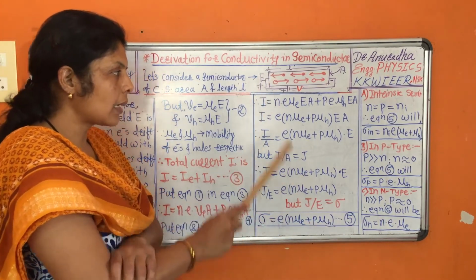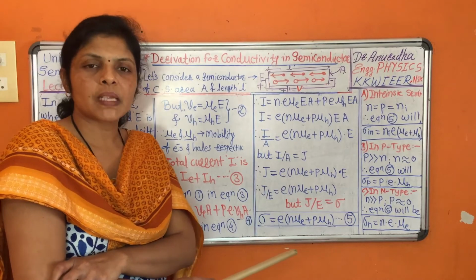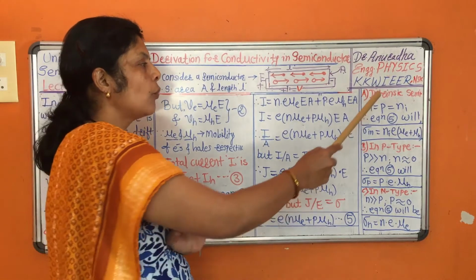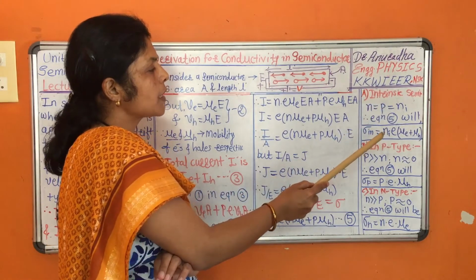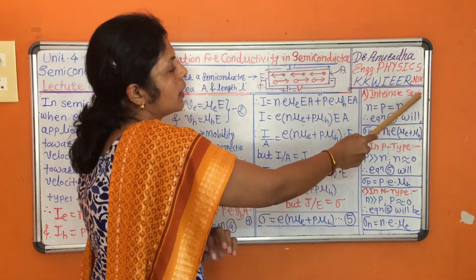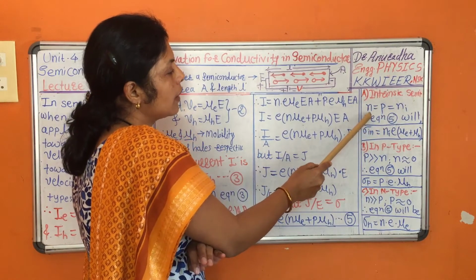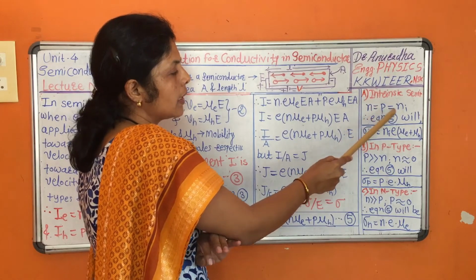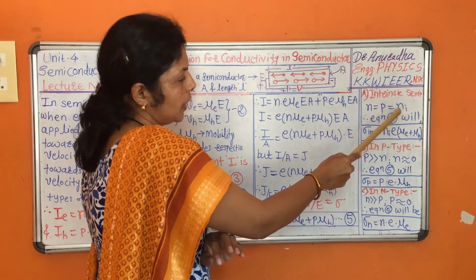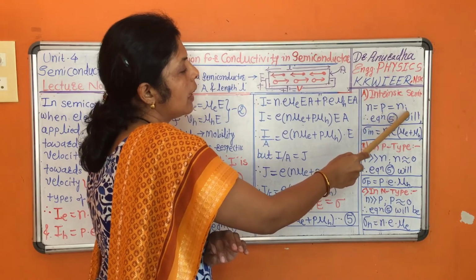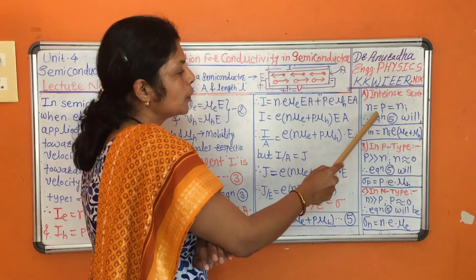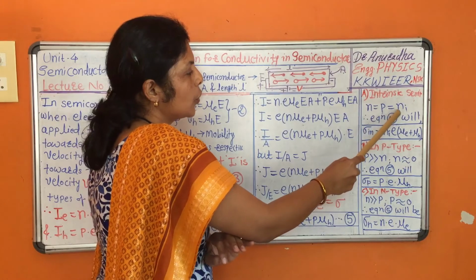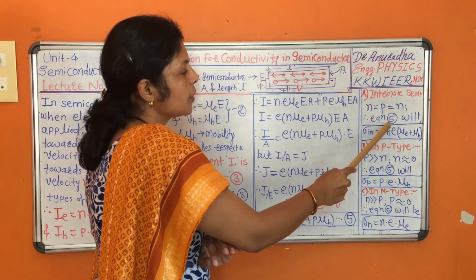But let us be specific with types of semiconductor. Let us see intrinsic semiconductor. For intrinsic semiconductor, electron density is equal to hole density. Let us denote it by a new symbol n_i. So instead of n and p, substitute n_i in equation 5.